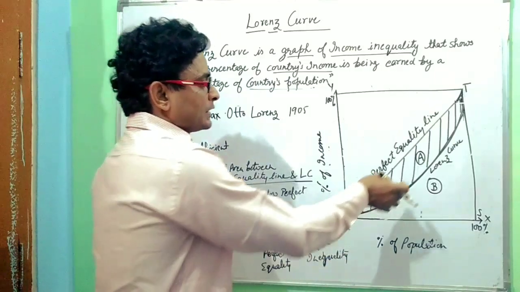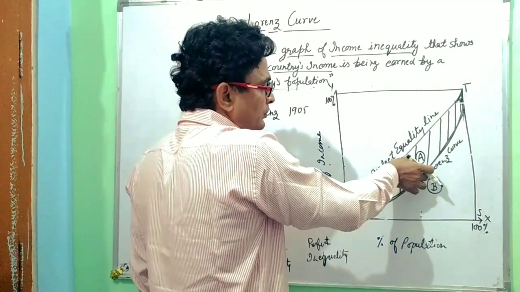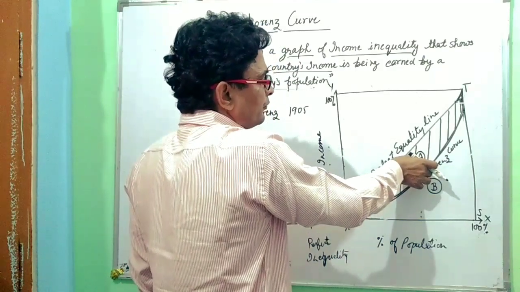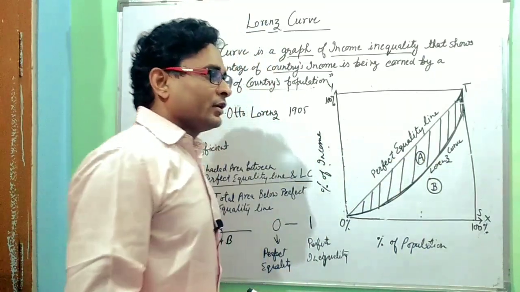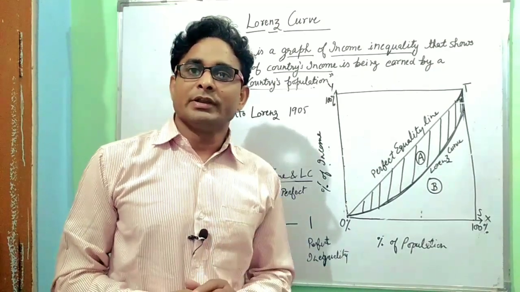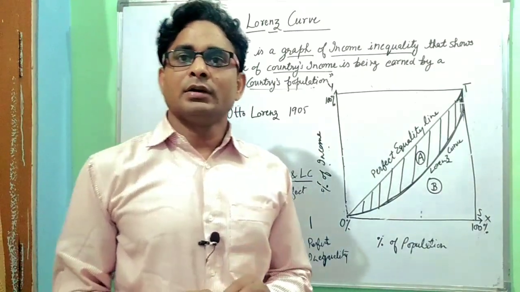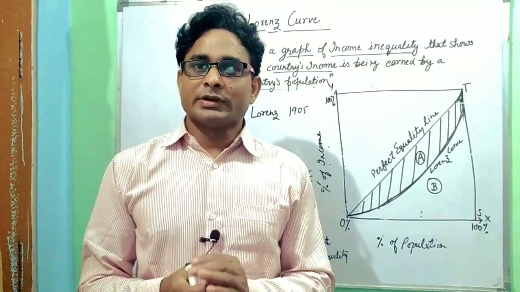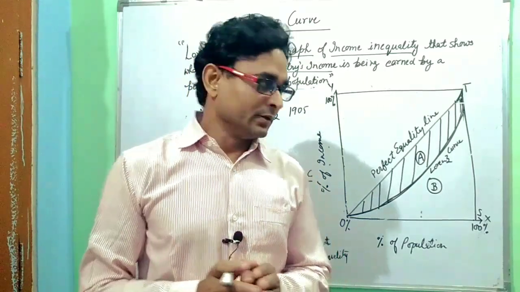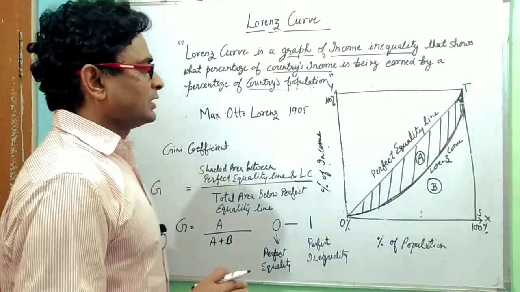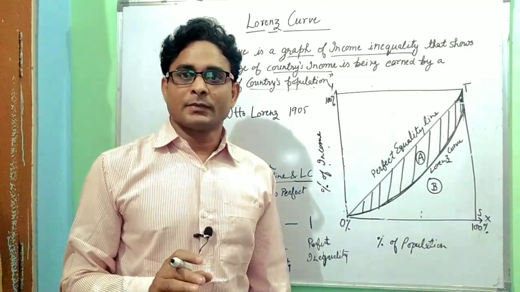And if the Lorenz curve is closer to the perfect equality line, the shaded area between the two will be less and the Gini coefficient will also be less, which means there will be more equality, a more even distribution of income in the society. So with this we have understood the concept of Gini coefficient.